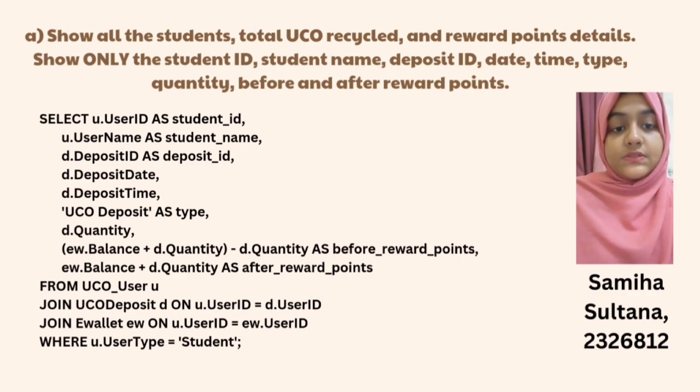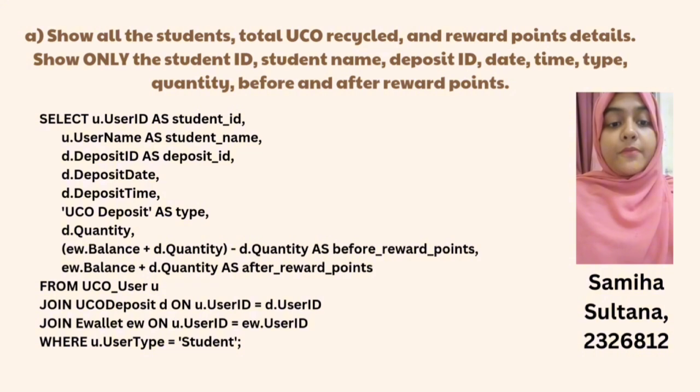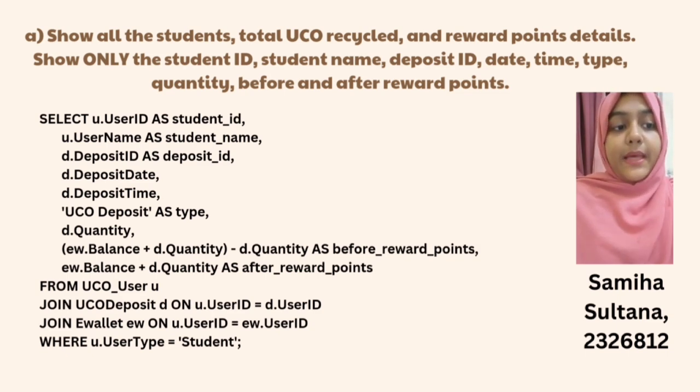Where clause: where u.user_type equals student retrieves only rows where the user type in the UCO user table is equal to student. Before reward points calculates the balance before adding the deposit quantity. After reward points calculates the balance after adding the deposit quantity.